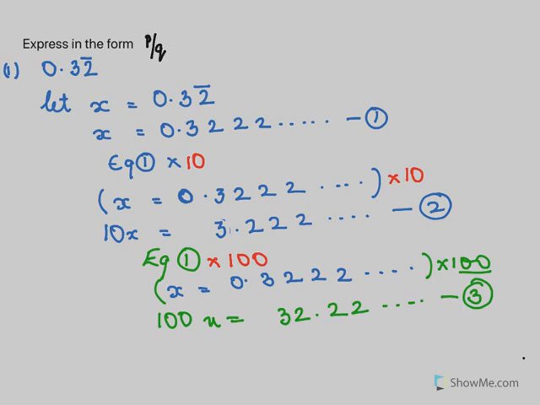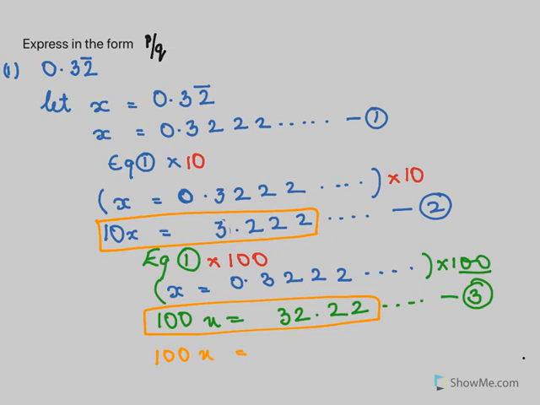The next step, we take two equations. We take equation 2 and equation 3, and we need to subtract them. So I'll just do it out here. We have 100x equal to 32.22, and here we'll have 10x equal to 3.22.